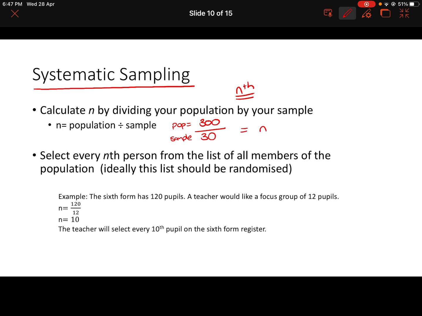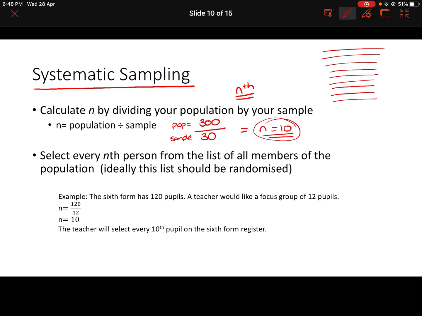In that case, n equals 10, which means we're going to select every 10th person from some sort of list. So we're going to get the list of all 300 A-level pupils from a class register, for example, or from Mr. Bailey's exam list, and we're going to select every 10th person.